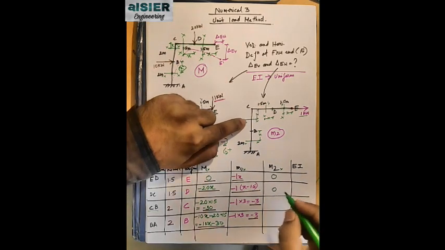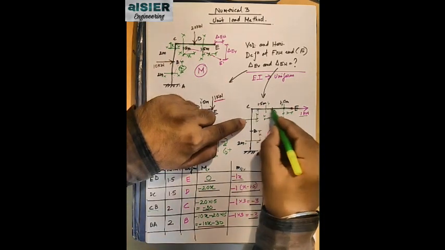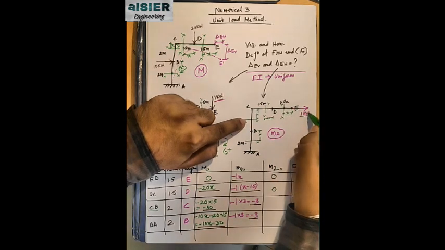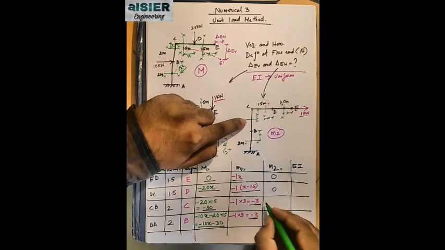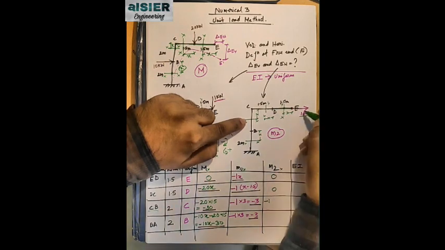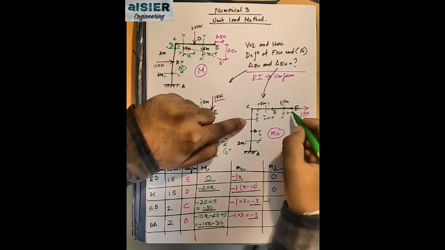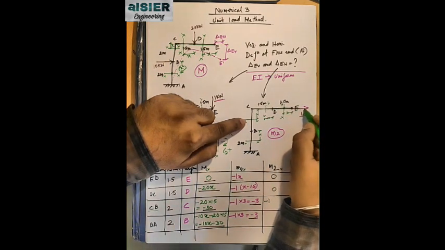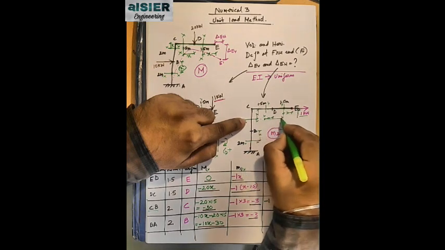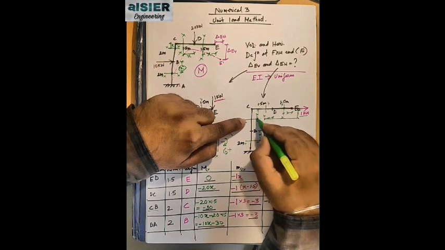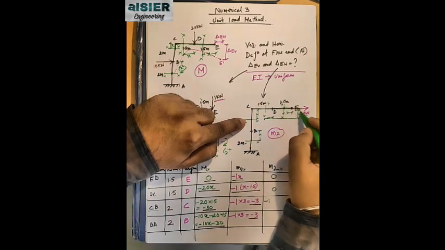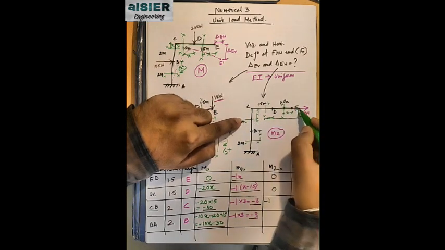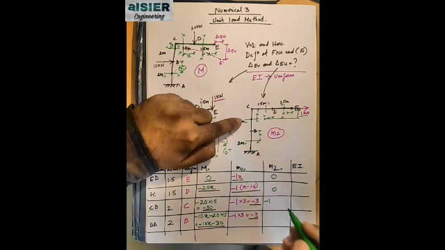Now for this one, this is the section, this is the right side of the section, and this 1 kilonewton is rotating clockwise, so minus 1. And what is the perpendicular distance of this 1 kilonewton? So this is going like this. If I plot a perpendicular here and extend this, so this is x, right? So the perpendicular distance from this point to this point is x.